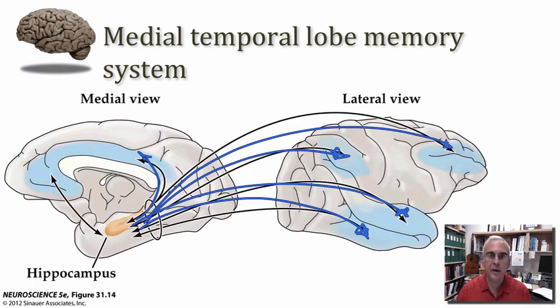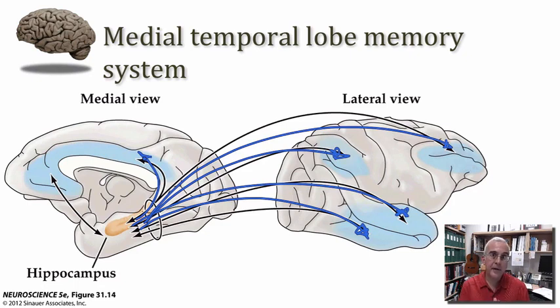Well, I just want to be clear. What I've been talking about thus far in terms of the medial temporal lobe memory system associated with the parahippocampal gyrus and the hippocampus itself pertains to declarative memory, the acquisition, the consolidation, and then the processing that's necessary for long-term storage of declarative episodic memories, the episodes of our lives.